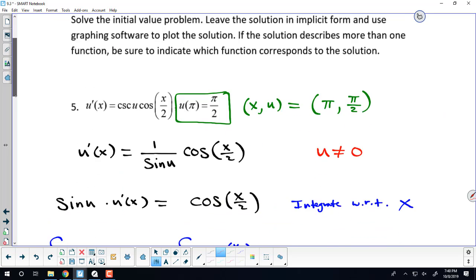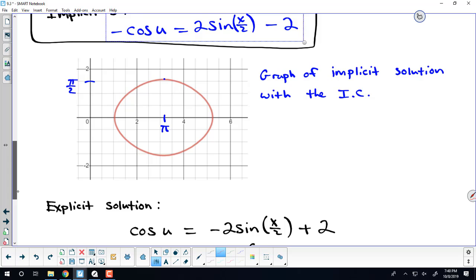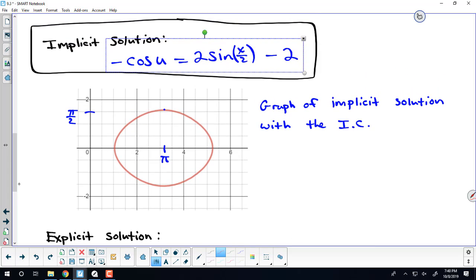So anyways, we've got those places where the solution is undefined, and it wouldn't take much to see that it's there and there, right? So that's a u value of 0. And so what we would conclude is we've got these undefined places here. So it couldn't be this whole circle or whatever that is.